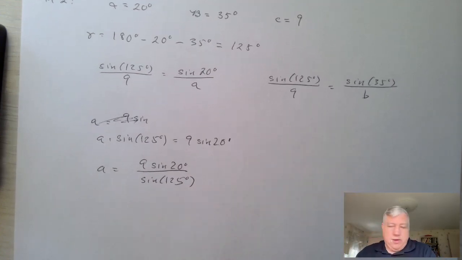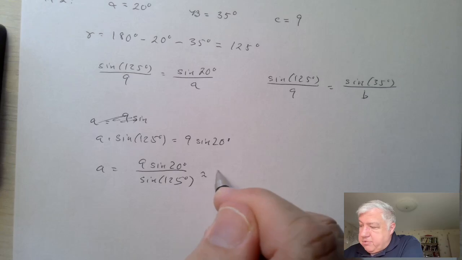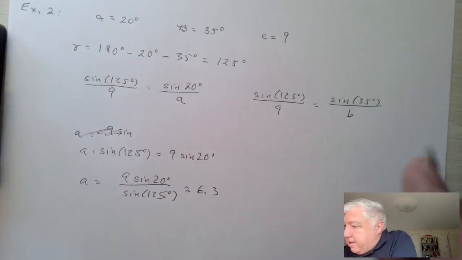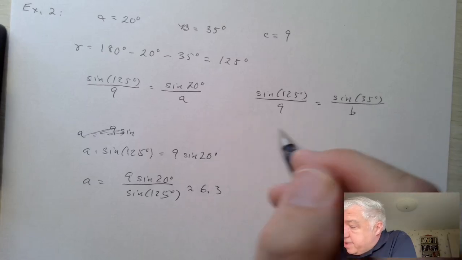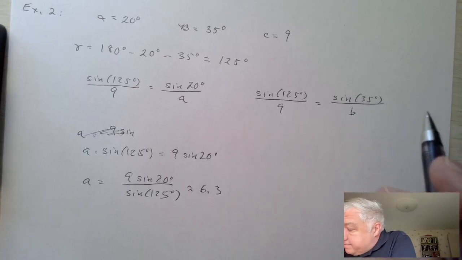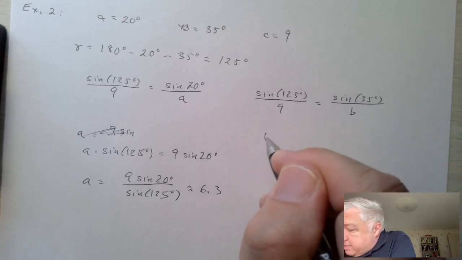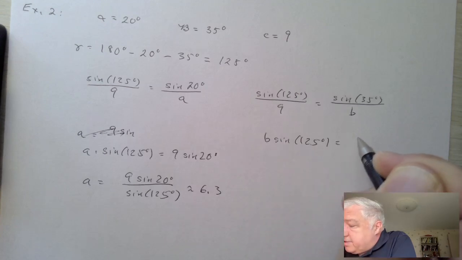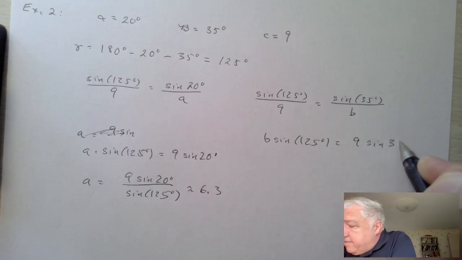And now you compute on your calculator. This is approximately 6.3. And then similarly, B times the sine of 125 degrees is equal to 9 sine of 35.